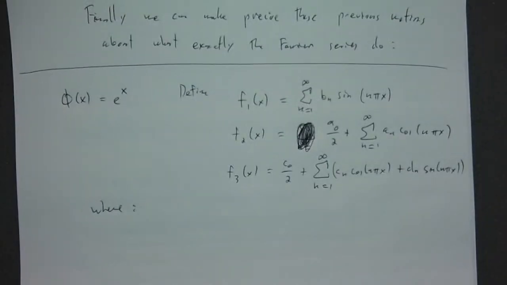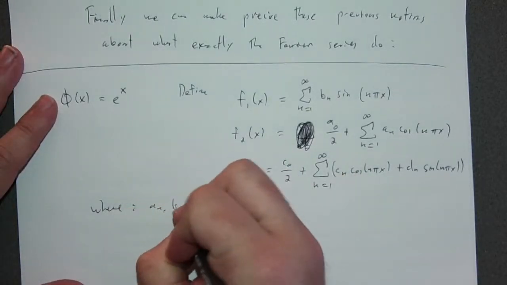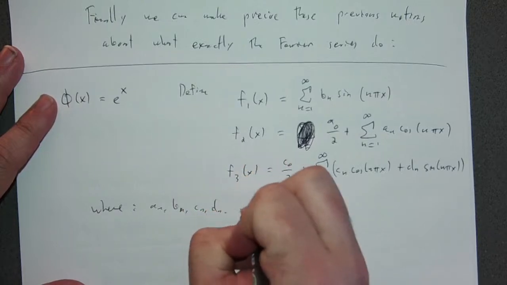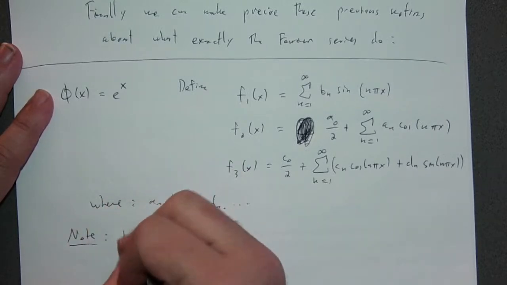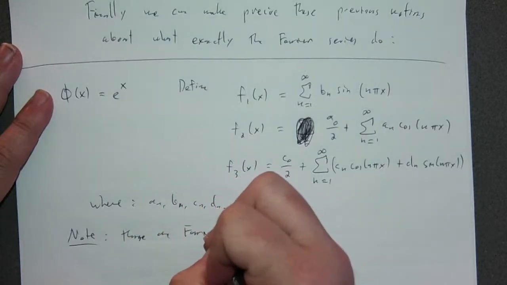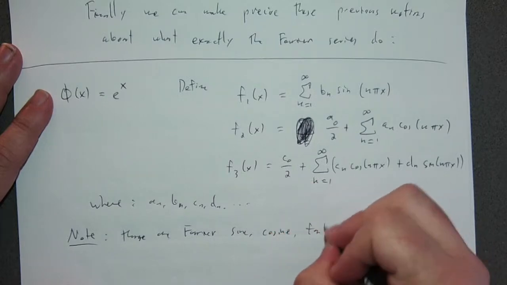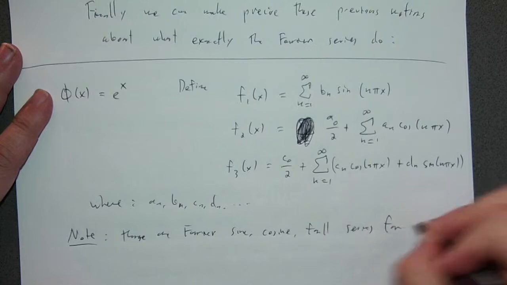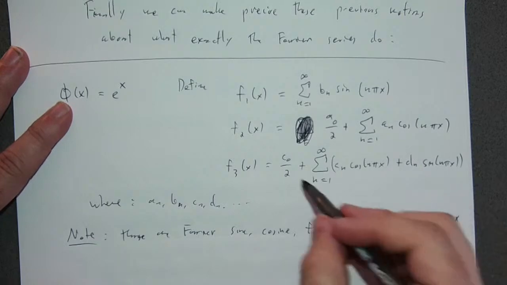Okay, so I have a question. Note that a sub n, b sub n, c sub n, d sub n are given by those formulas that I mentioned. Obviously these are the Fourier sine, cosine, and full series for phi of x equals e to the x on the interval 0 to 1.